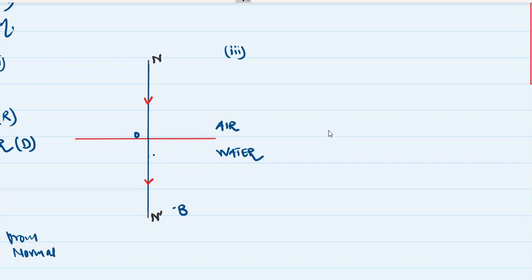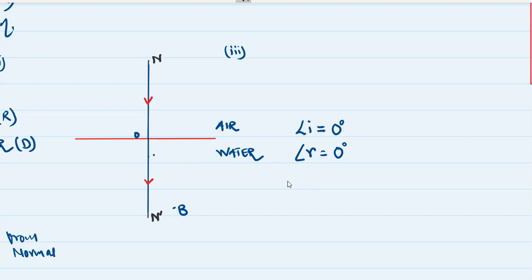In this case, can you tell me what is the angle of incidence? Is it 90 degrees? If you're saying 90 degrees, no, it is not 90 degrees. It is 0 degrees. What is the angle of refraction?